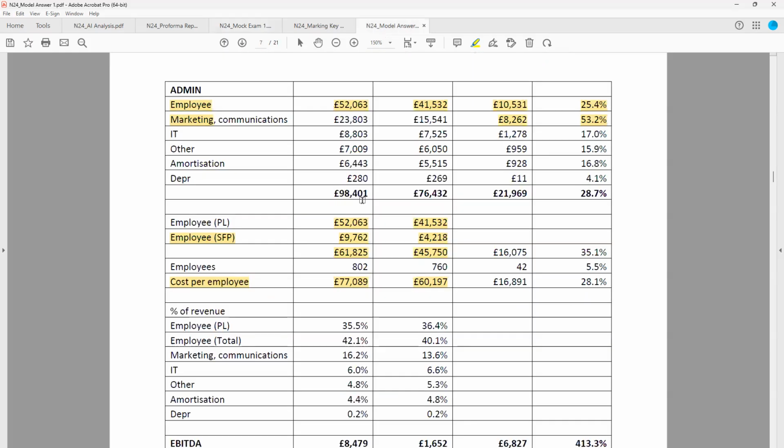We're not sure what was capitalized, and we're not going to go into the detail of IAS 38 here because that's not the purpose of the case study exam. These are, of course, management accounts, so don't need to be entirely compliant, and we're told that their policy for capitalization has been approved by the auditor. So not too much of a significant movement. We don't have any reason as to why it had changed. So perhaps would leave that one out.